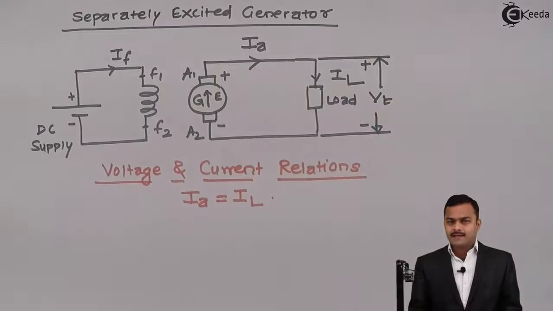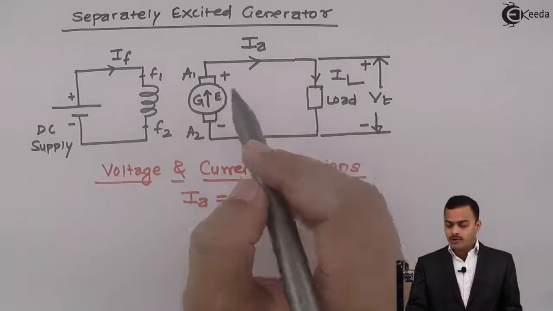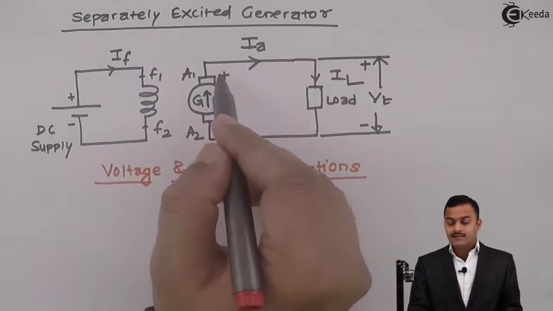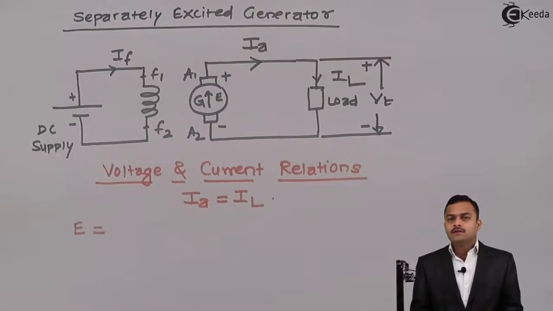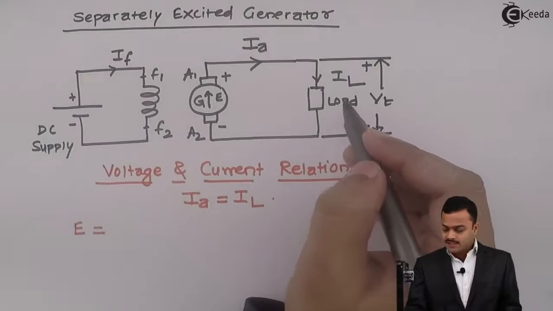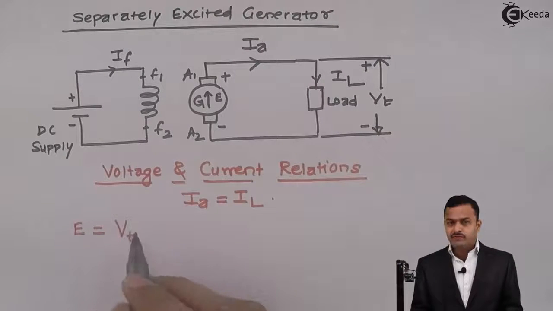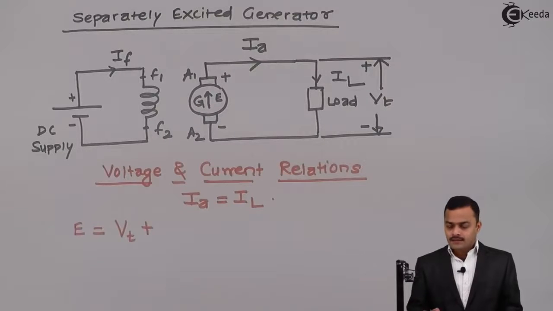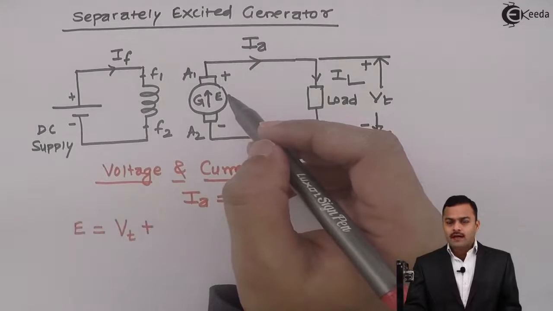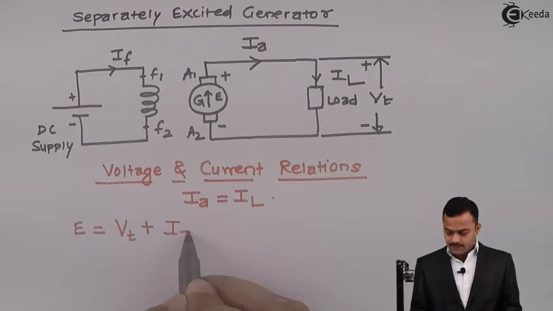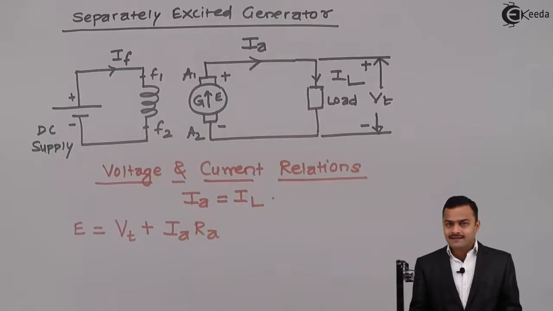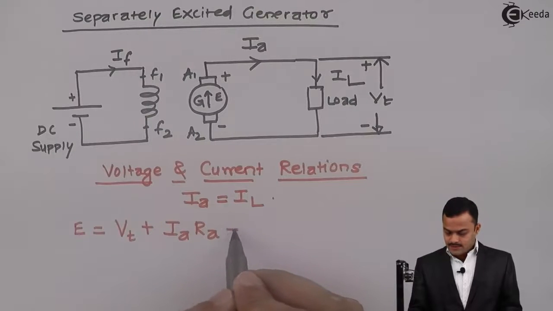Practically, whatever EMF got induced at the armature side needs to supply voltage to the load, that is the terminal voltage VT, plus the voltage drop across armature conductors, given by IARA, where RA is armature resistance, plus brushes.